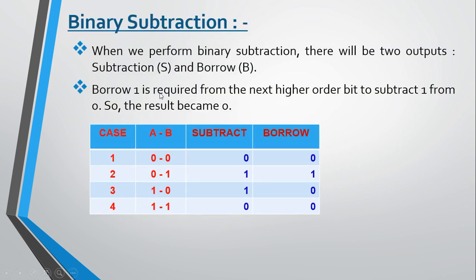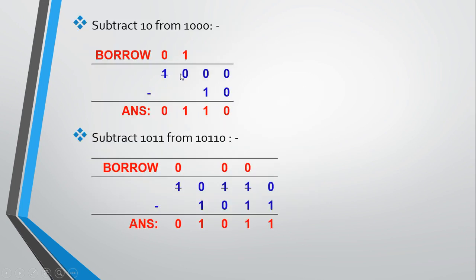Now let me explain the second point. The borrow 1 is required from the next higher order bit. See over here, 0 is not a higher order bit. We are not able to take 1 from the 0, right? So what you need to do? You need to look for the next higher order, which is 1 in this particular case.